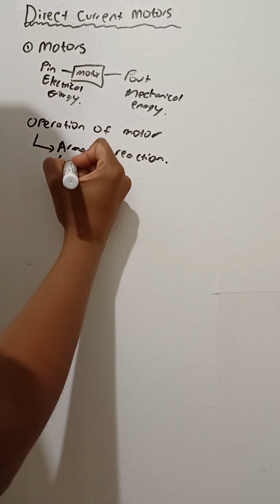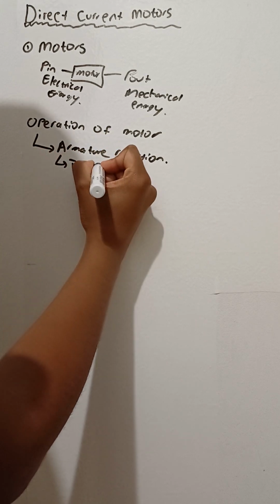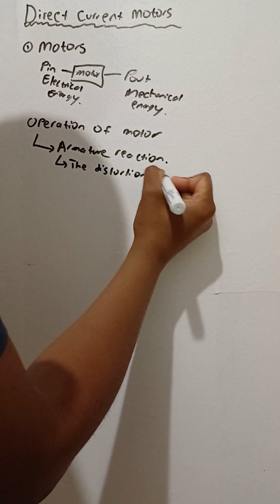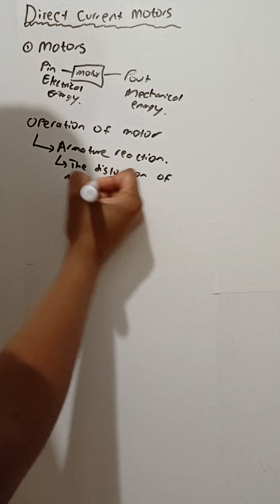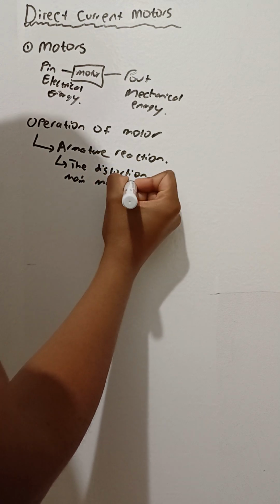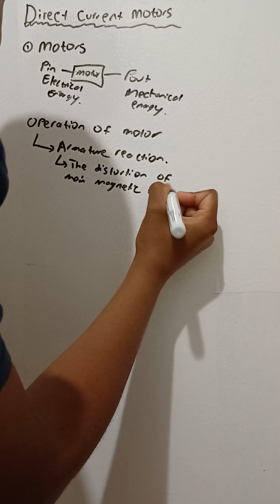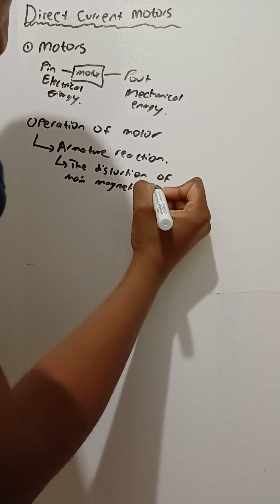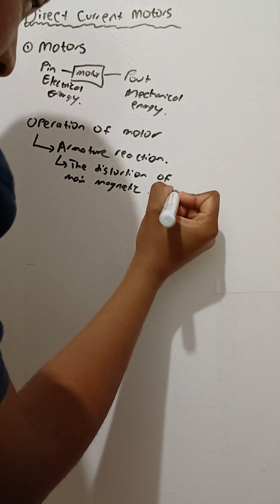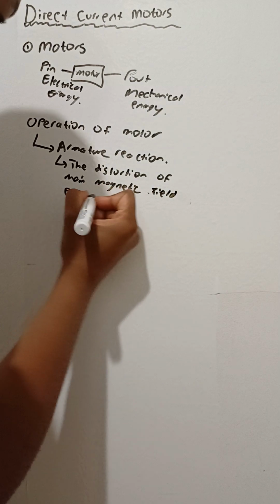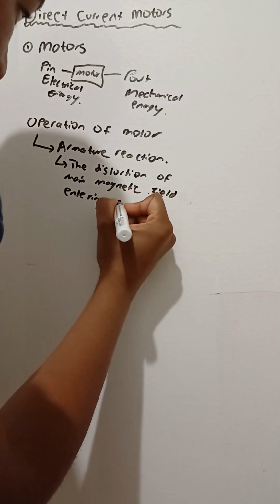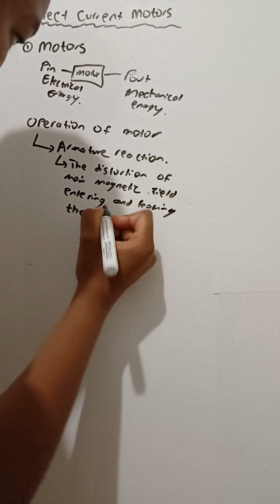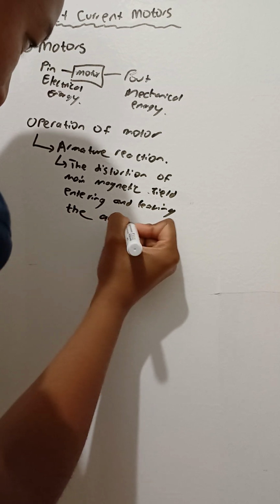Armature reaction is the distortion of main magnetic field entering and leaving the armature.